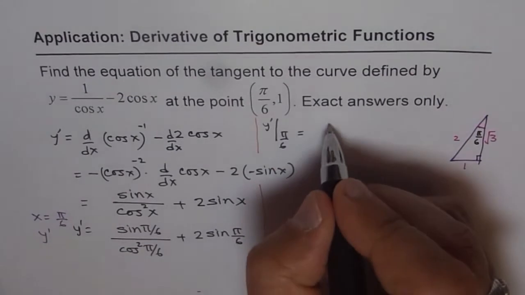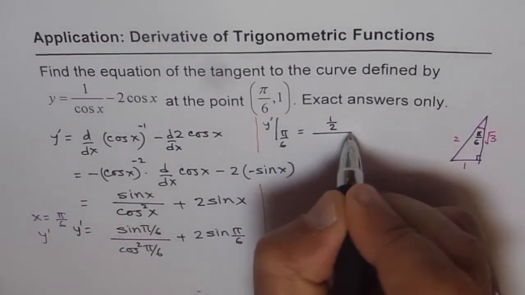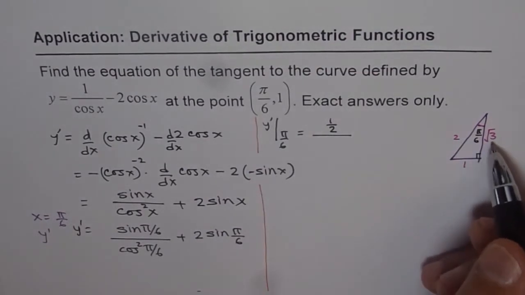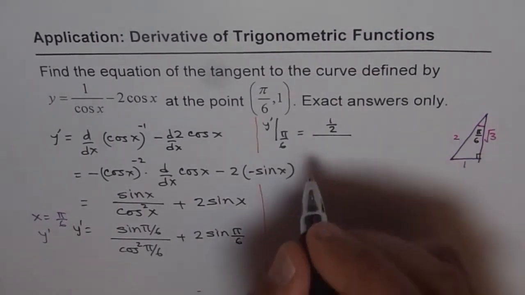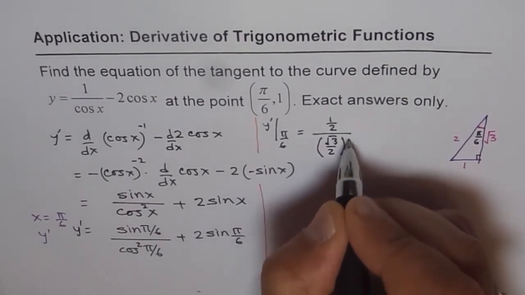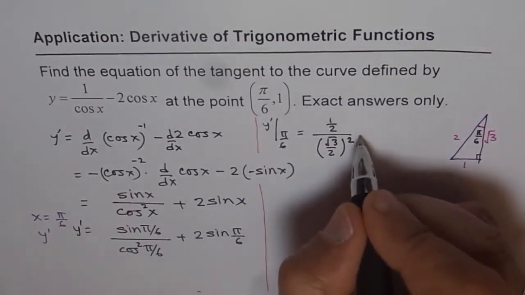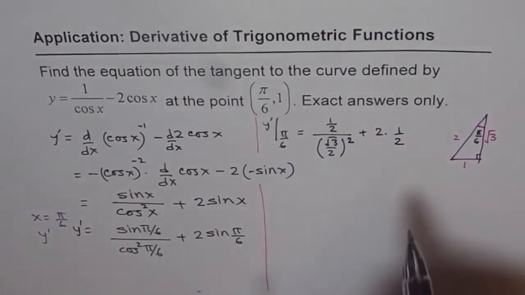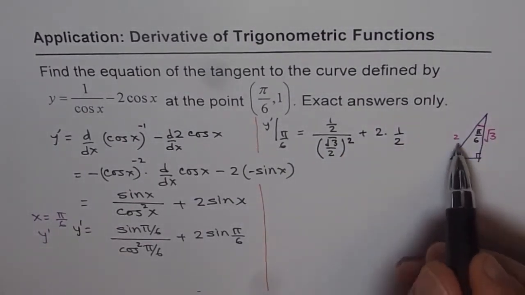So we get 1 over 2 in the numerator divided by cos squared pi by 6. Cos is adjacent over hypotenuse, so square root 3 over 2, with a square, in the denominator. Plus 2 times half, since sine pi by 6 is 1 over 2.